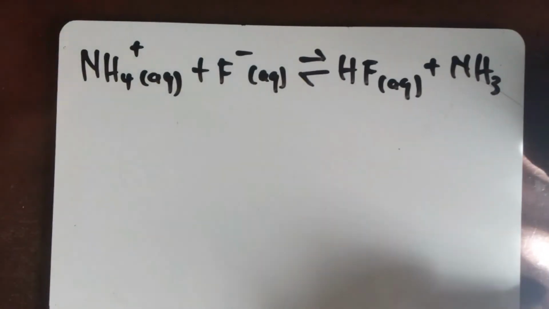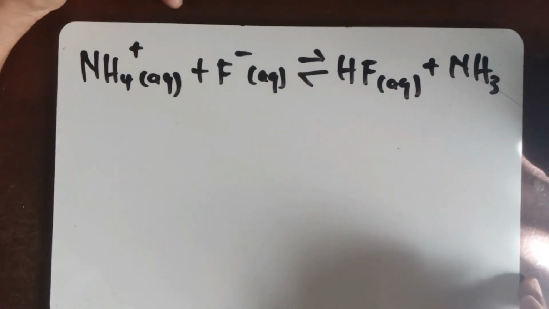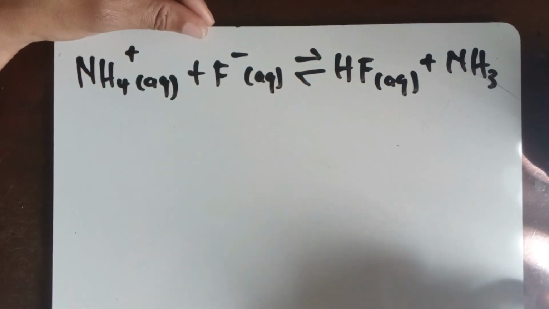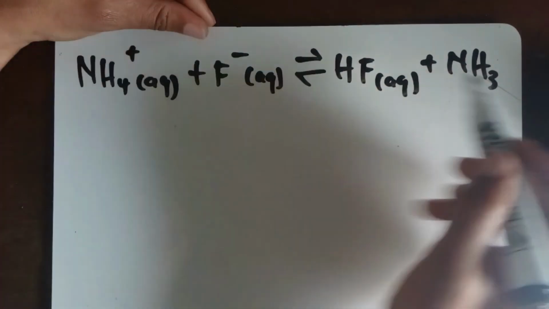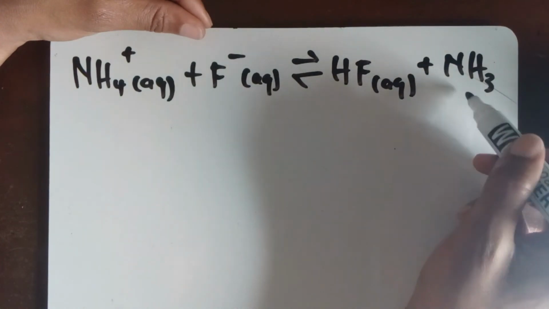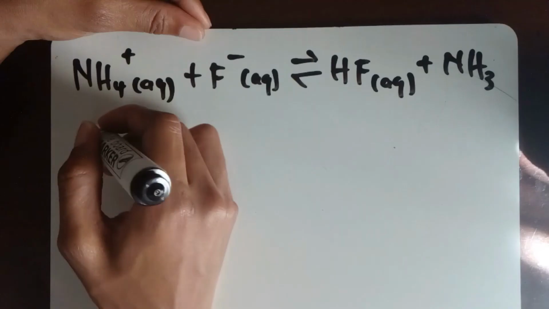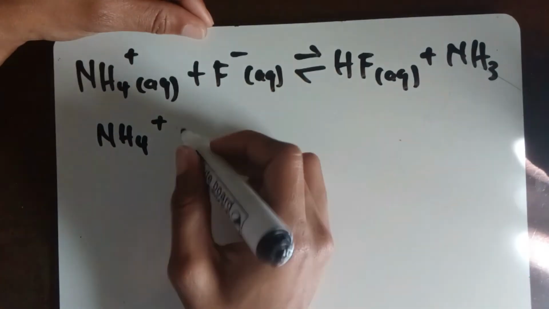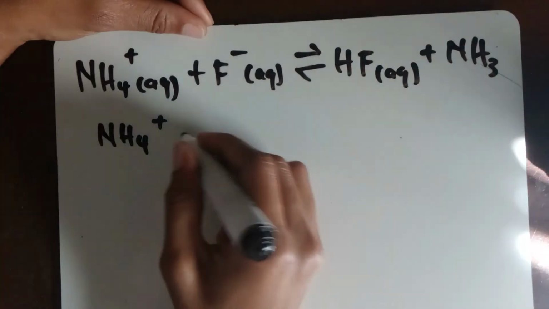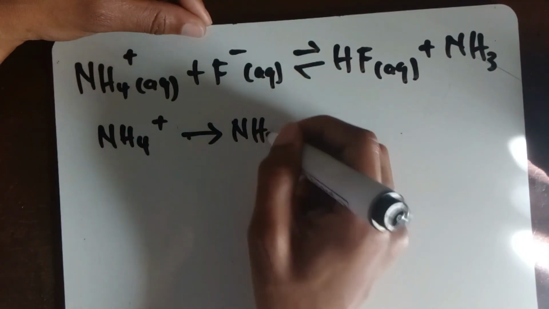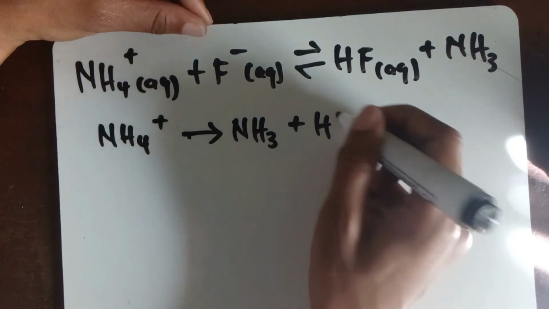So it's just a matter of identifying which one donated a proton and which one accepted a proton. So for NH4 plus to form NH3, it must have lost a proton, because it means that we had NH4 plus, which essentially donated a proton to become NH3 plus H plus.